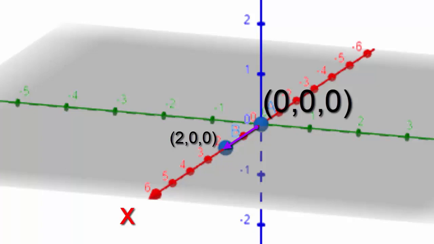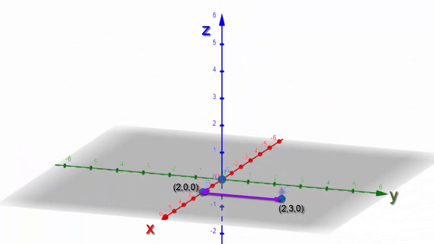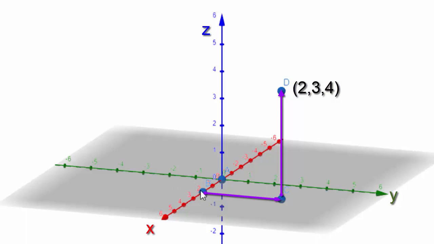If I want 2, 3, 0, I went 2 forward, and then 3 to the right, and I'm still in the xy plane. If I add a z coordinate, say 4, so it's 2, 3, 4, then I will be going up from here. That will be this coordinate here, d, which is 2, 3, 4: 2 in the x direction, 3 in the y direction, and 4 in the z direction, or up.